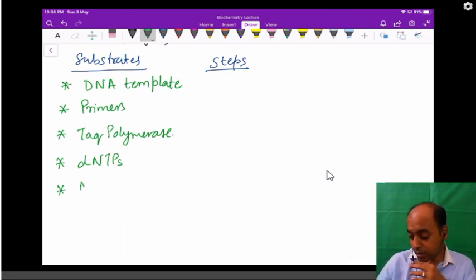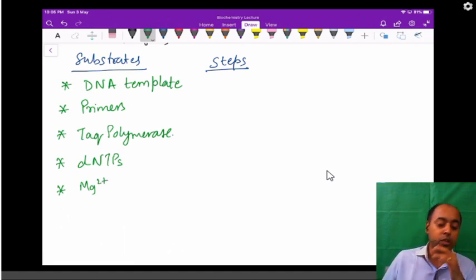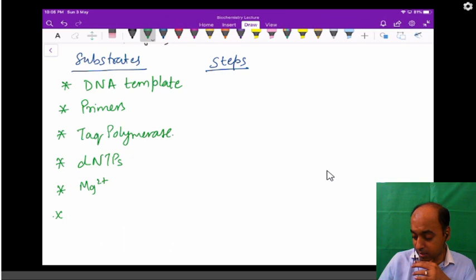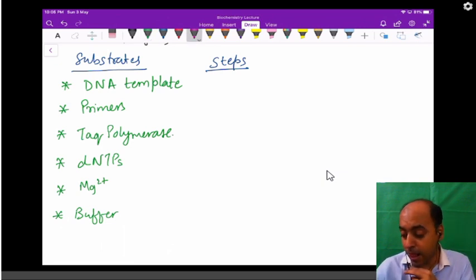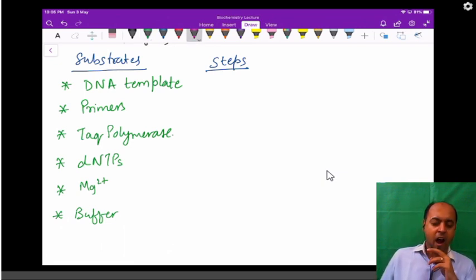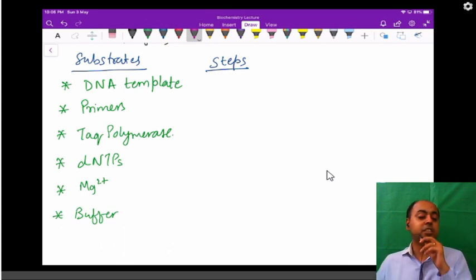Magnesium is required as the cofactor for the polymerase, and the pH must be maintained at the same value, and therefore we require a very good buffer to maintain the pH at the same value. These are the substrates required for a polymerase chain reaction.